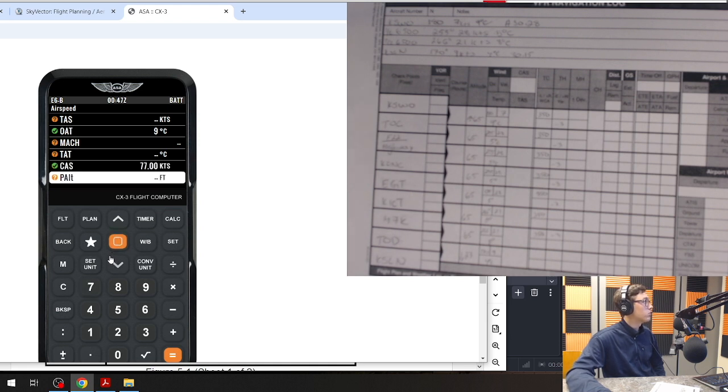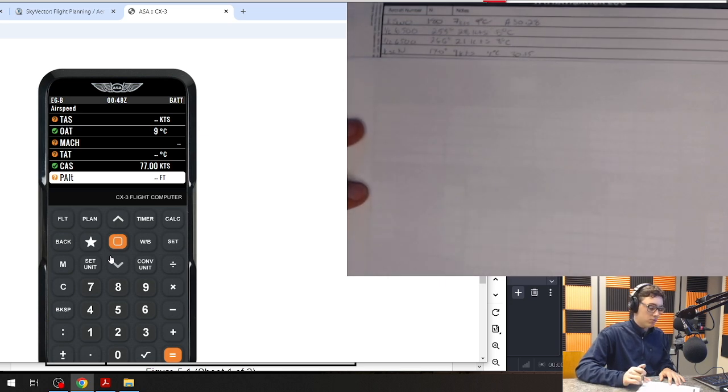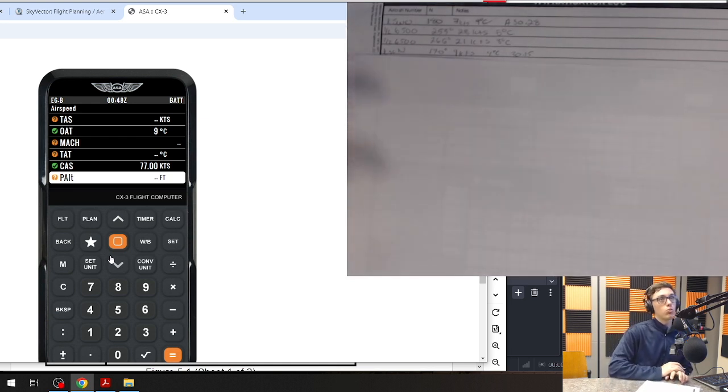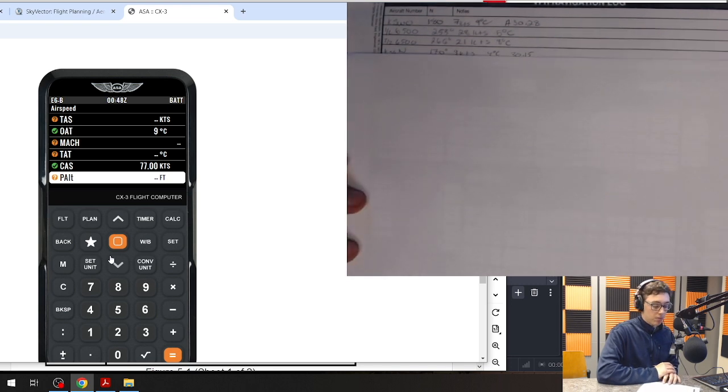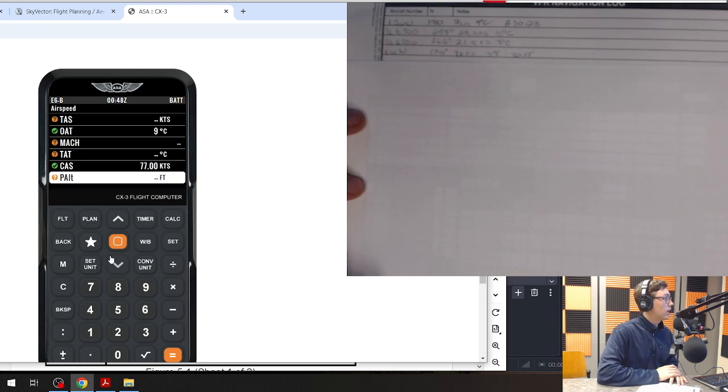Pressure altitude. All right, what is our pressure altitude? How do we find pressure altitude? To find pressure altitude, let's do some math here. We're always going to do 29.92. And what is 29.92? That is the altimeter setting that we use for a standard day.